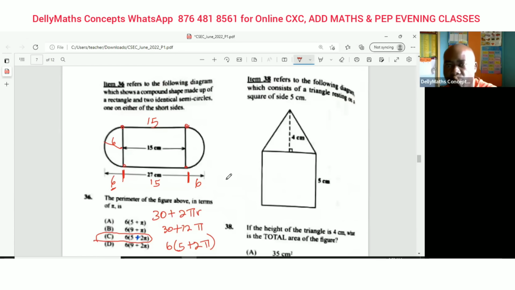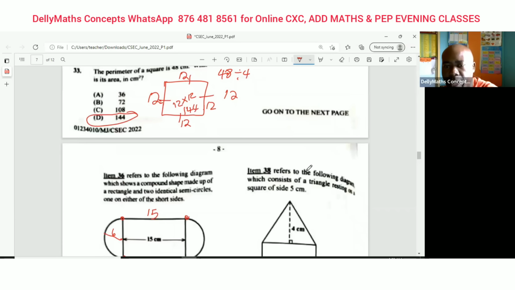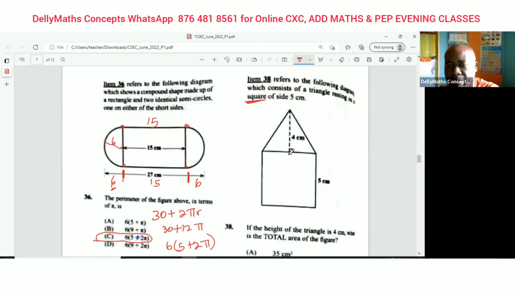All right, we want to find the area of this figure. We're getting information that this is a square and a triangle. So this is 5 right here. In this part, 5 times 5 is 25. So this is 25 for the area of that part.